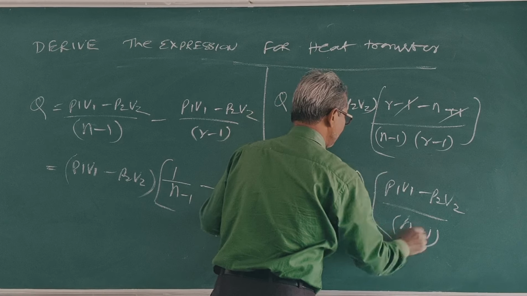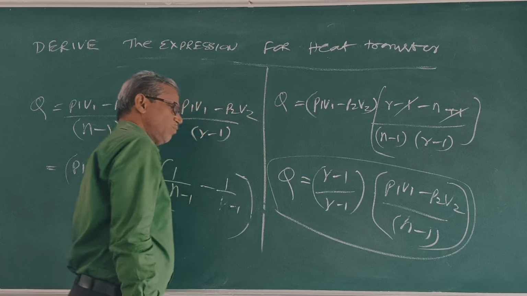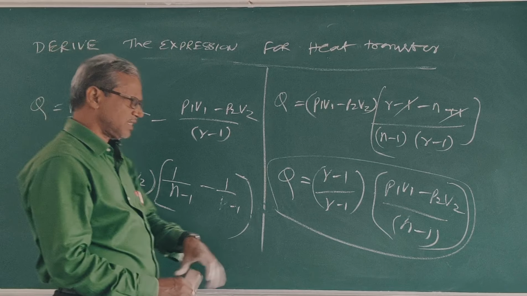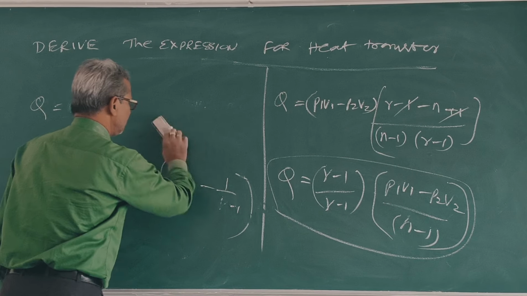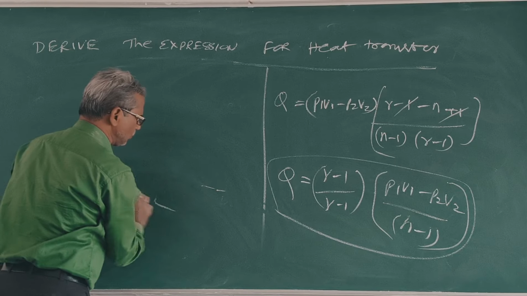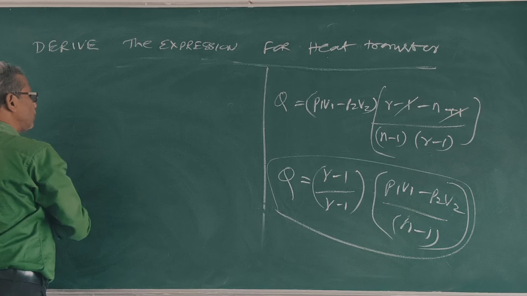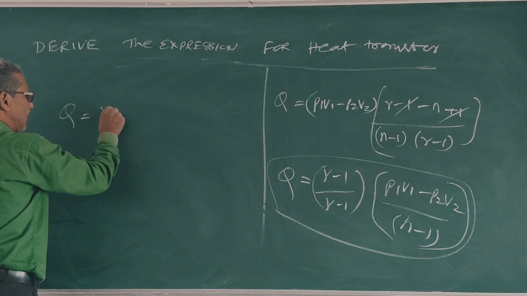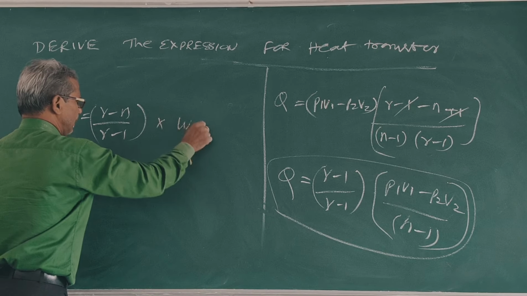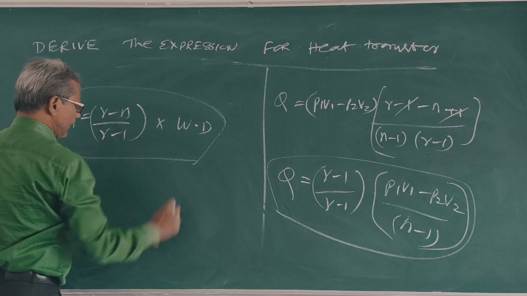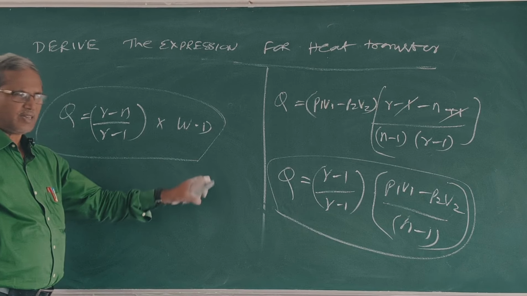This is heat transfer for polytropic process. What is this? Work done. So Q is equal to (gamma minus n) by (gamma minus 1) into work done. Clear? Very important derivation, the expression for heat transfer in polytropic process.